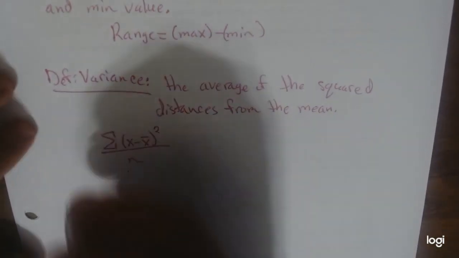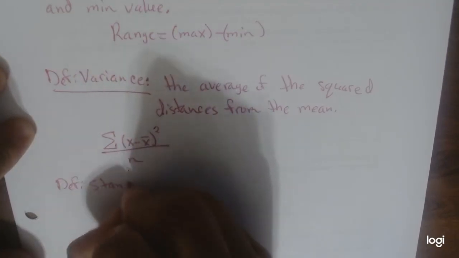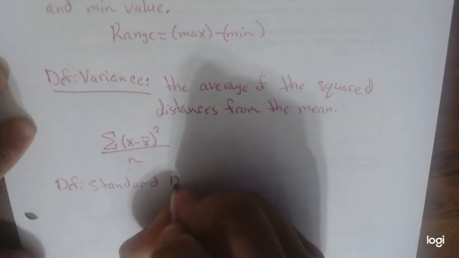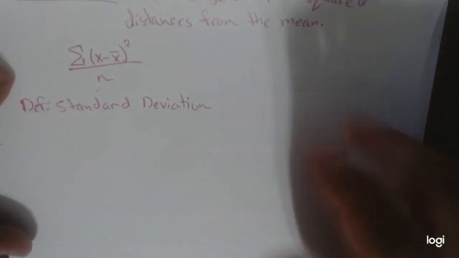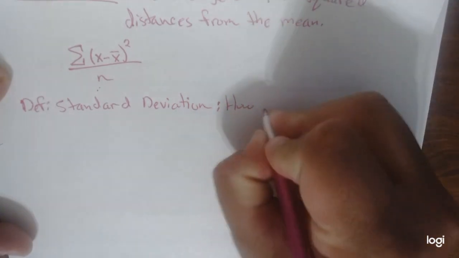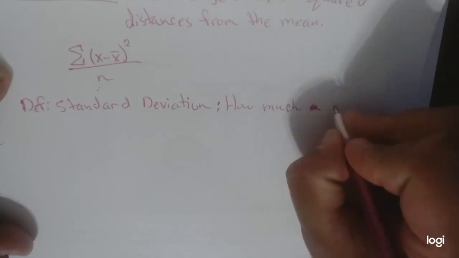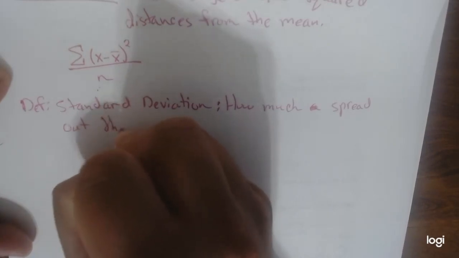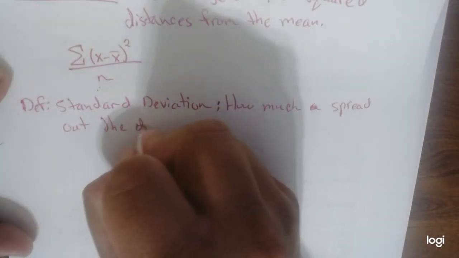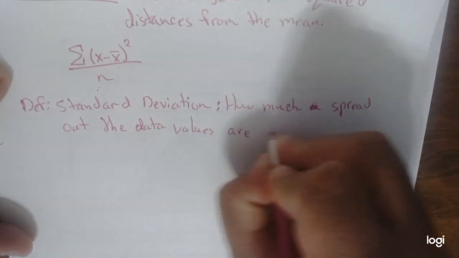But the one we care about the most is the next one, called the standard deviation. This is the one we're going to be using a lot more. The standard deviation, by definition, is how spread out the data values are from the mean.